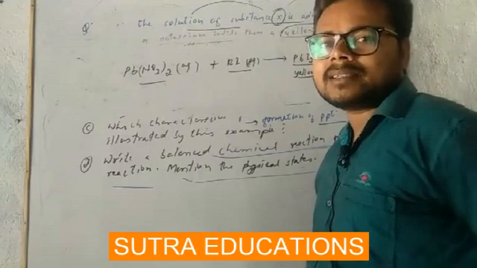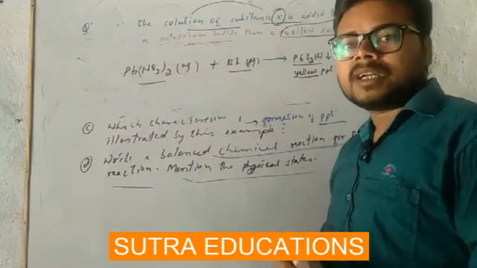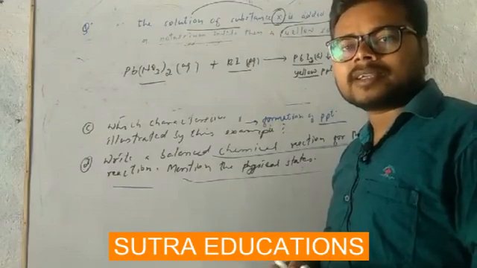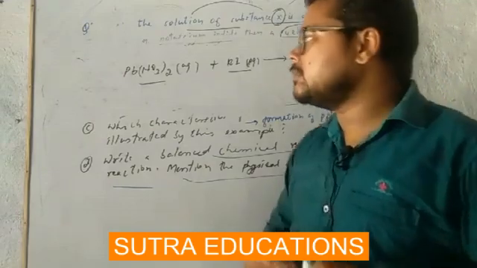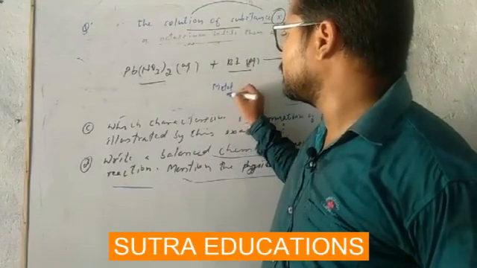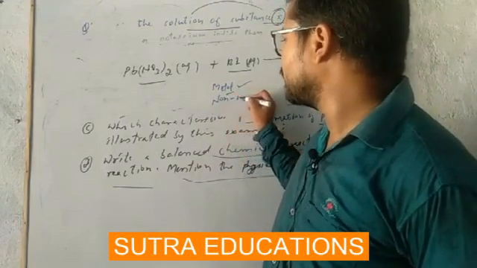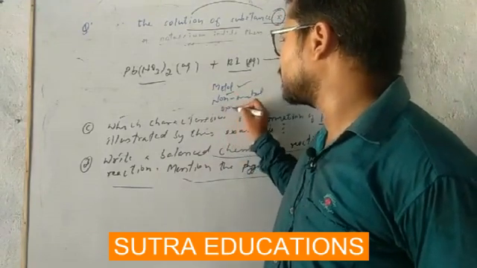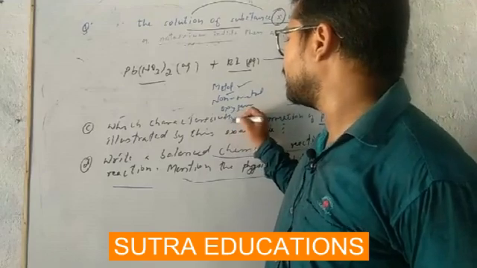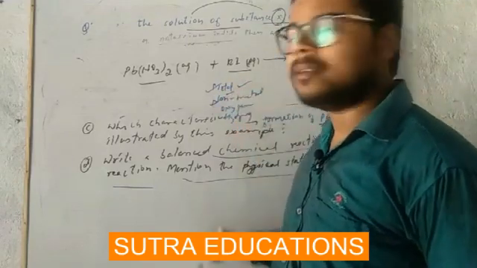You have to balance this reaction. So come to the basics. I have taught you how to balance a chemical reaction: we will look for the metal first, then the non-metal, then oxygen if it is there, and finally hydrogen if it is present.